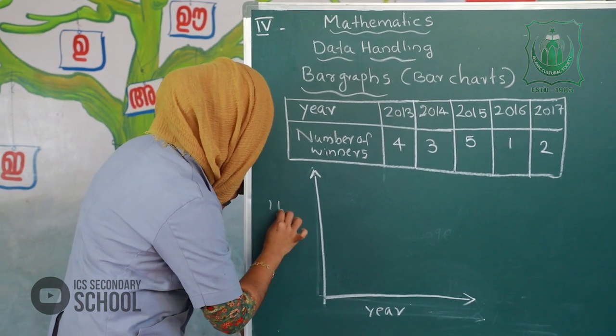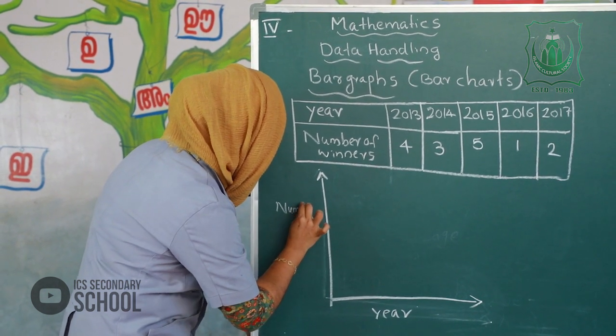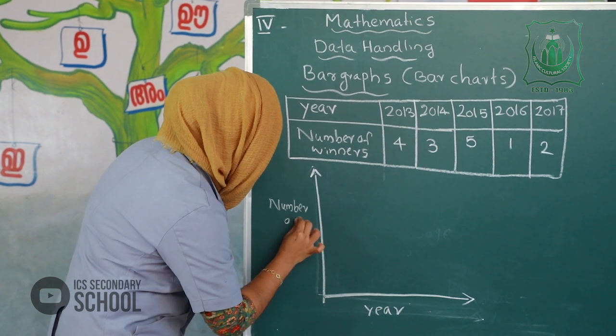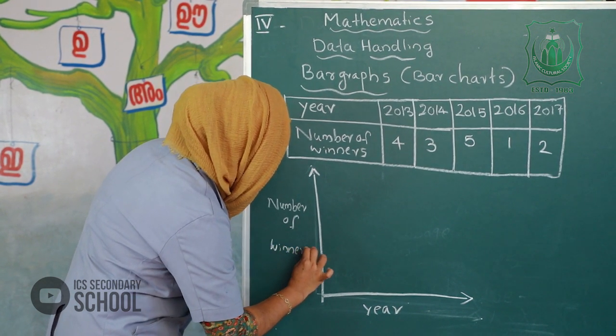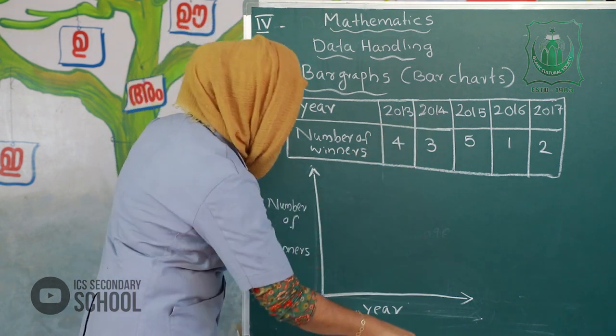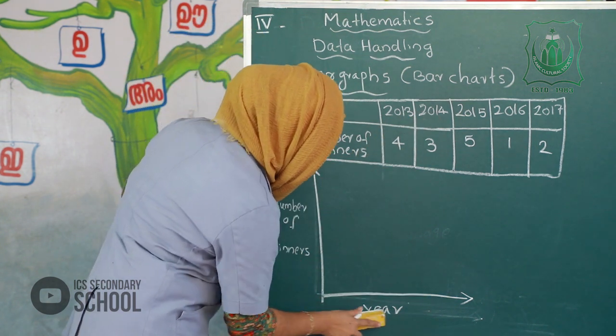We can write the number of winners. Next, write the years here.